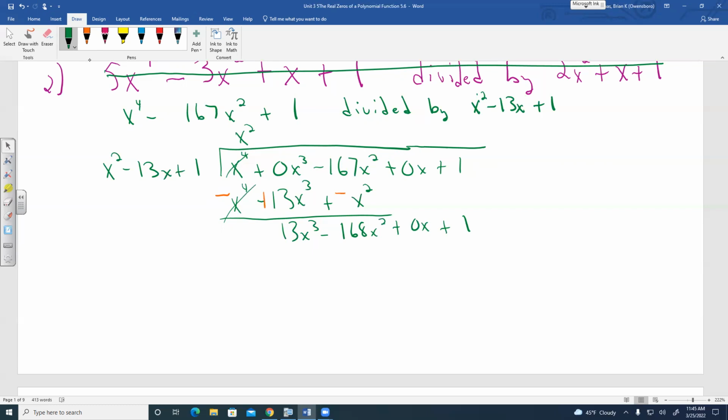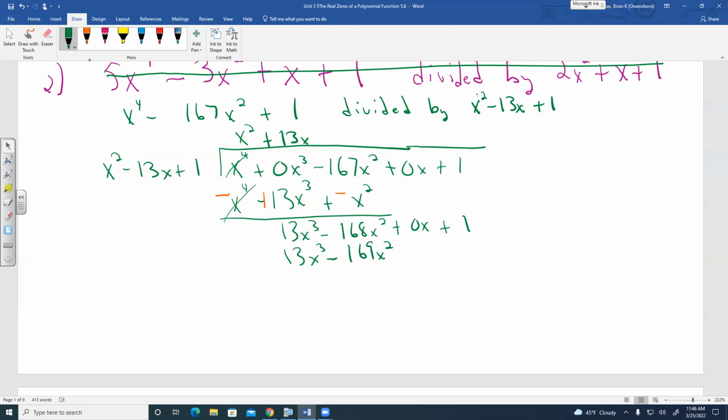So now we figure out, x squared times what gives me this 13x cubed? I need a 13 and another x. So a positive 13x would work. 13x times x squared does give me this 13x cubed. 13 times negative 13 would be negative 169x squared.